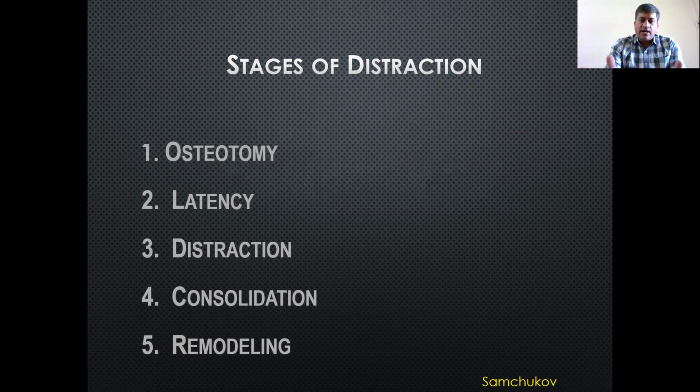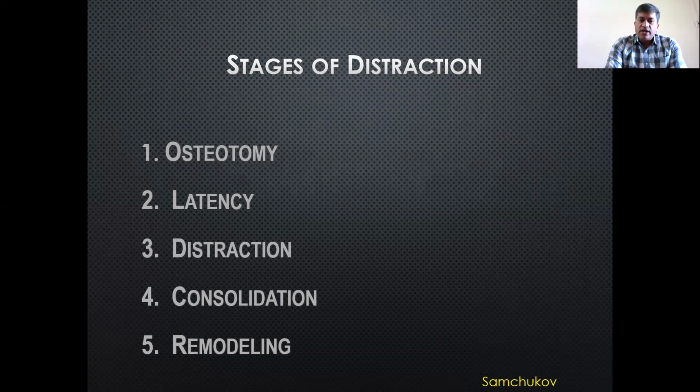Now, after the desired amount of distraction is achieved, the distractor device is left with no more activation, and that phase is called the phase of consolidation. Now, the phase of consolidation typically lasts anywhere between 8 weeks to 12 weeks, and during this phase, the primary callus, which was molded during the phase of distraction, undergoes maturation and consolidates into formation of secondary callus or mature bone.